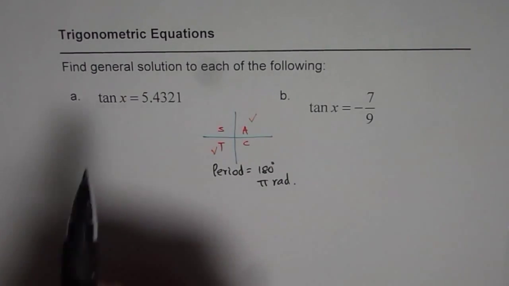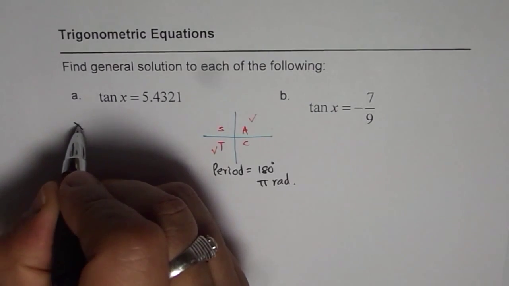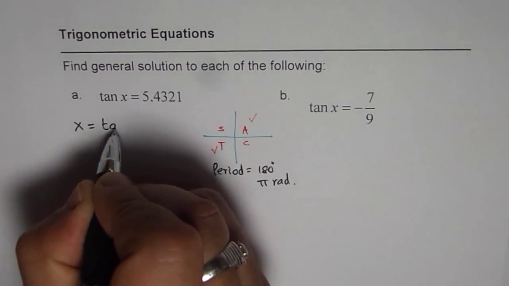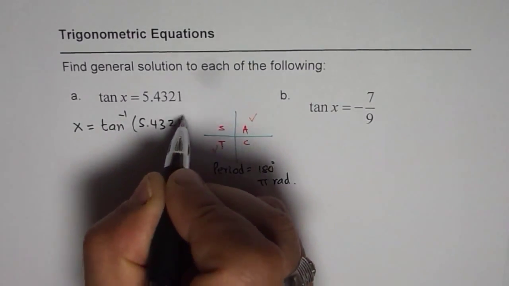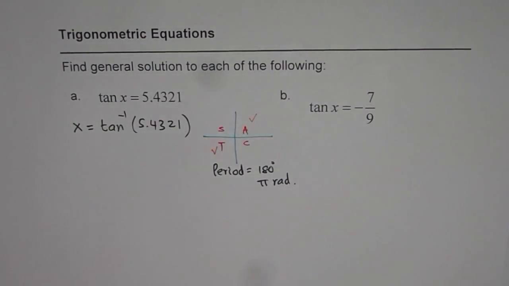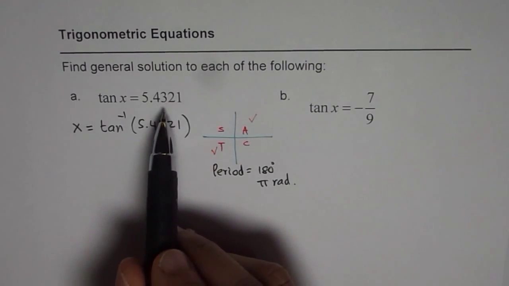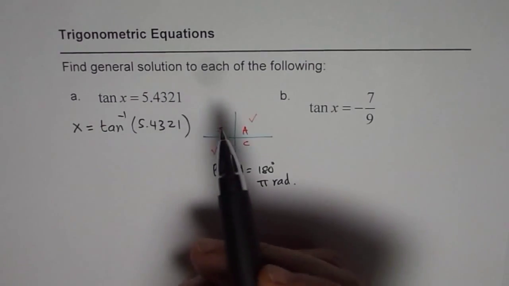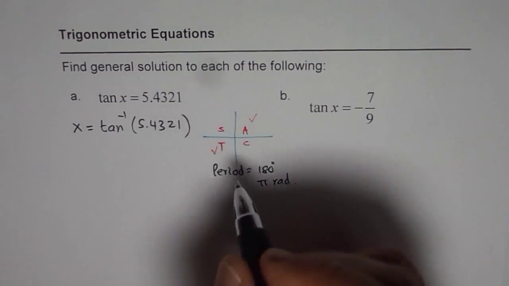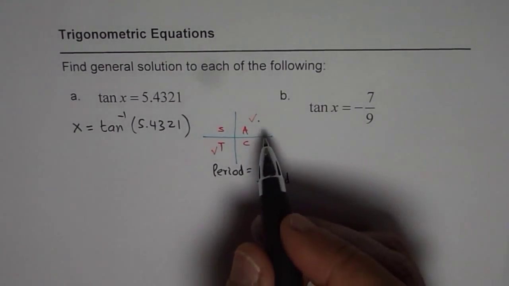That's what it means. If tan x equals 5.4321, then x equals tan inverse of 5.4321. Since I am explaining a very general way of writing the solution, whenever you are given any value, first find the related acute angle. That is, assume it to be positive. In this case it is positive, so we know one of the solutions will be an acute angle in quadrant 1.